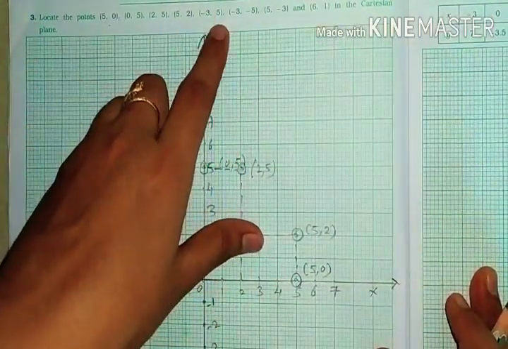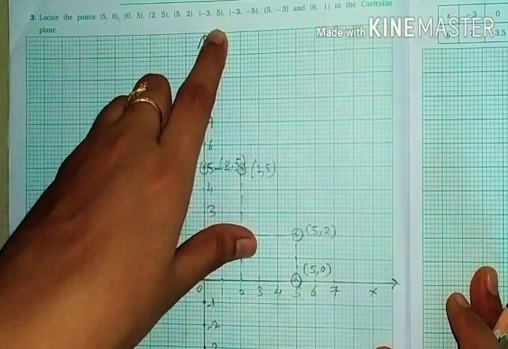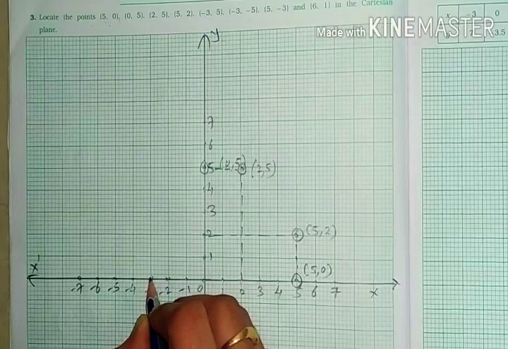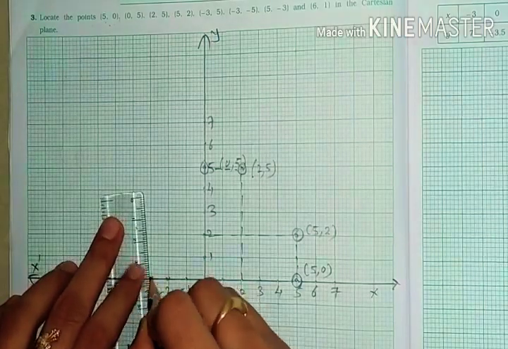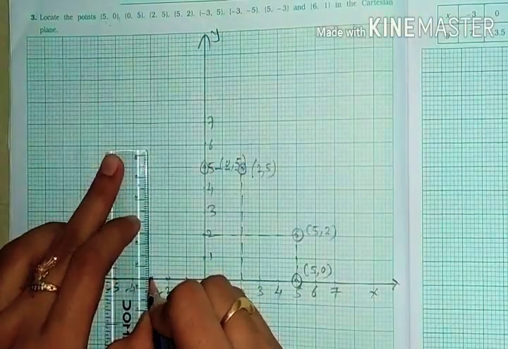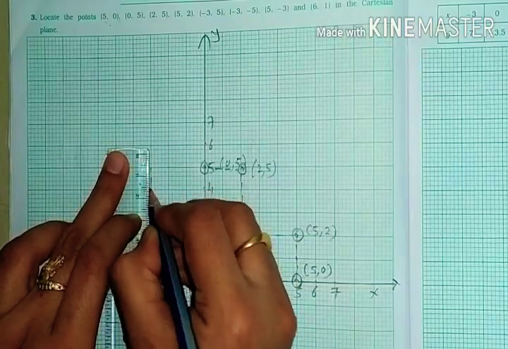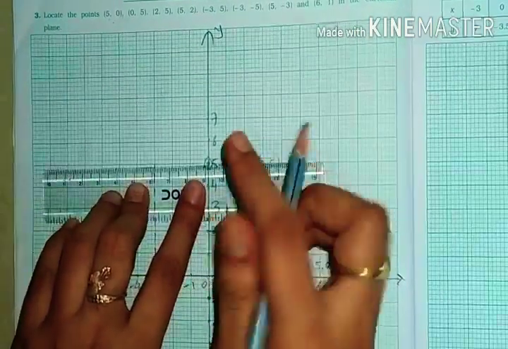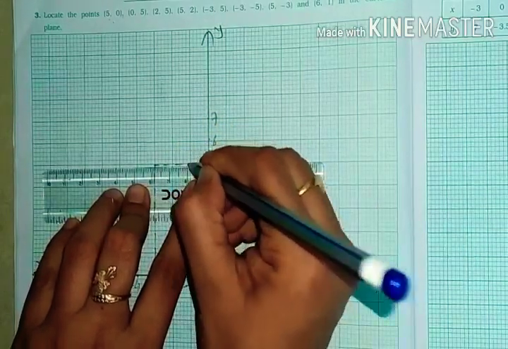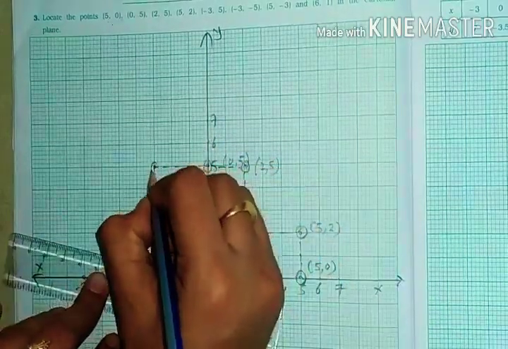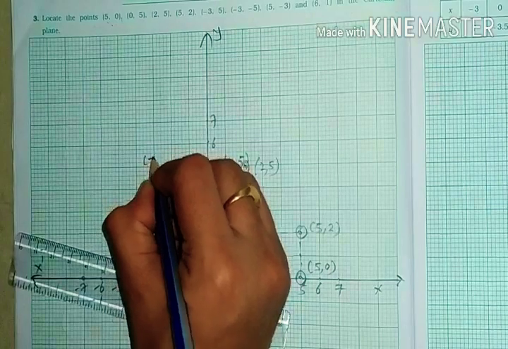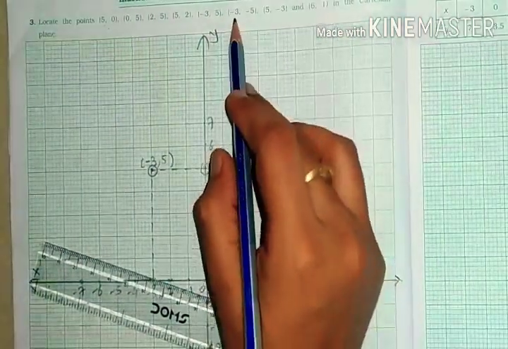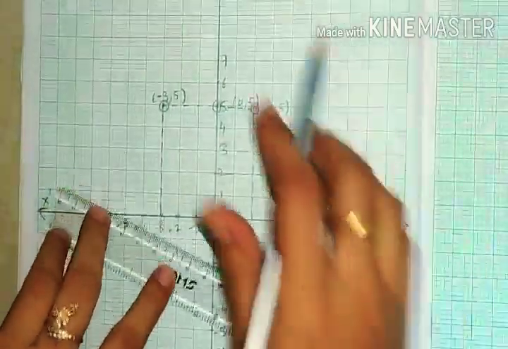Next is (-3, 5). X coordinate -3, -1, -2, -3. The y coordinate is +5. Therefore, we can locate this point here, (-3, 5). Next point is (-3, -5).